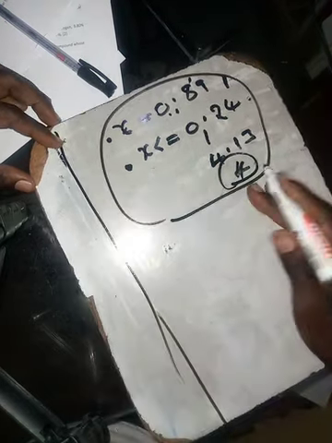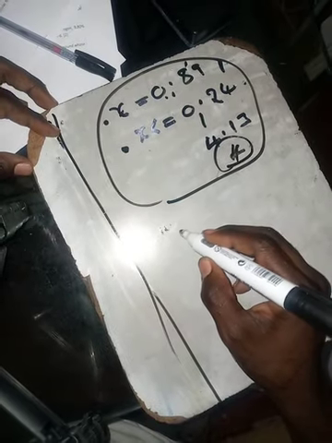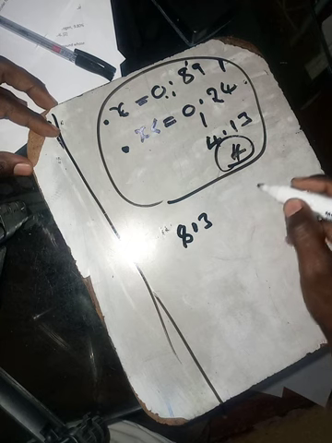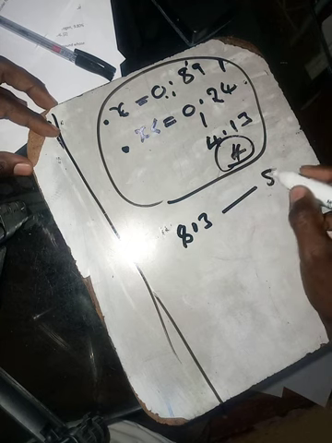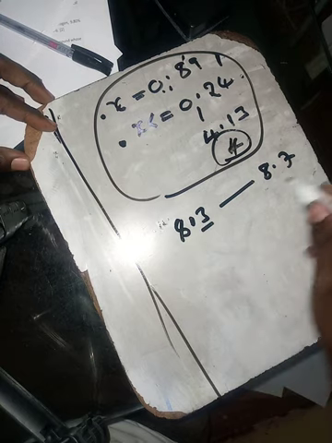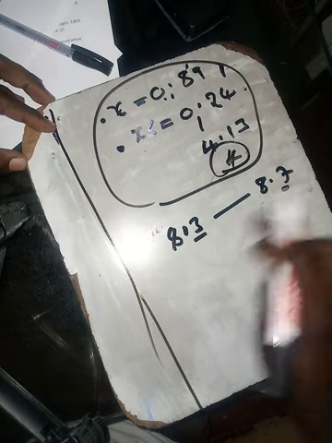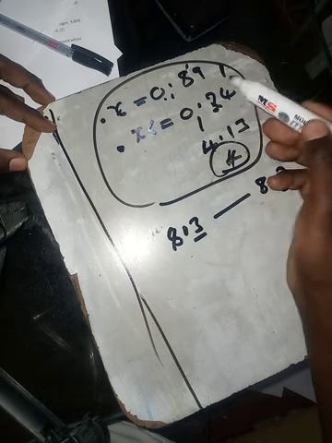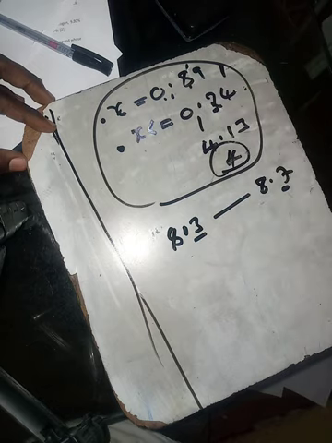But if I obtain something like 8.3 to 8.7, you get these two numbers that are coming in between 0.2 and 0.8.